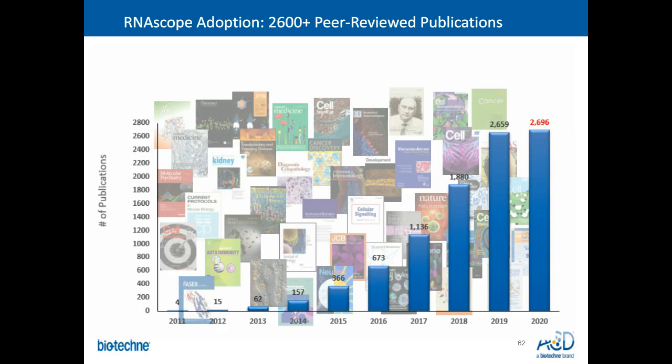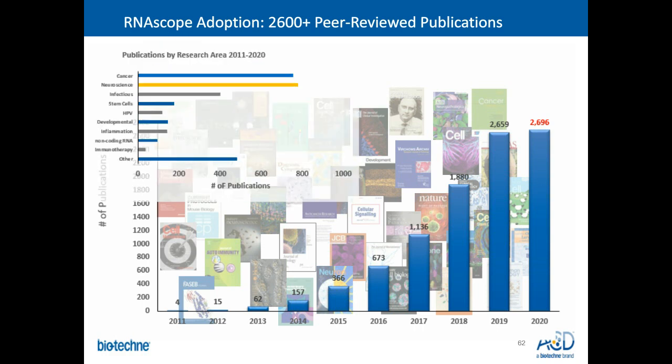Finally, here we show how well adopted our technology is and how we've grown in the last few years. As of today, we have over 2,600 publications in different research areas. Cancer and neuroscience are our top research areas with over 800 publications in each of these research areas.